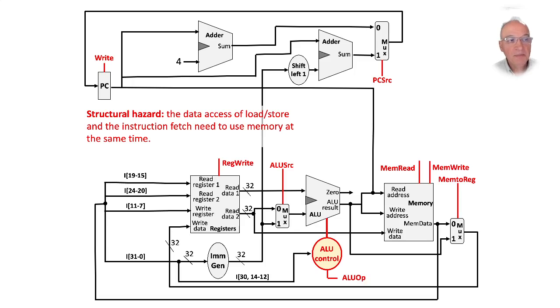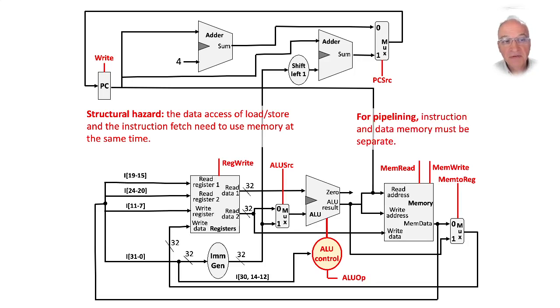The structural hazard happens because of the data access that I need for the load and store instruction. I need to fetch an instruction and I need to access the memory at the same time. One is for a load or store instruction that I'm executing, and the other is the fetch for another instruction that's coming in the future. So how do I solve this problem?